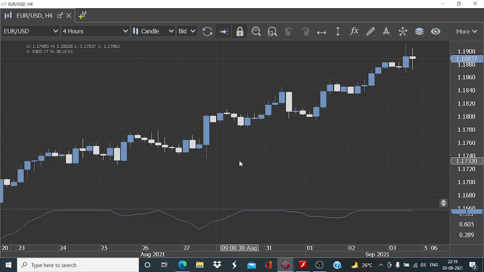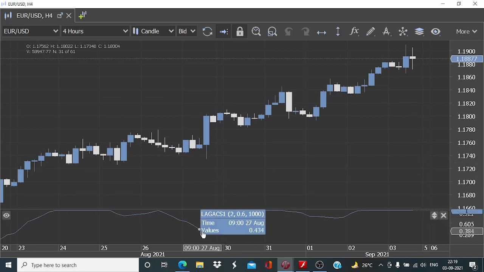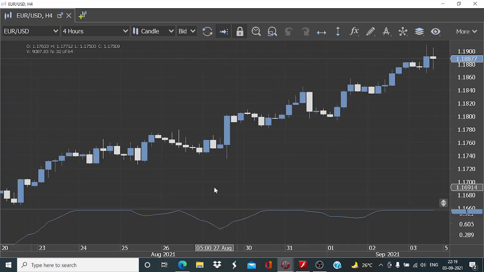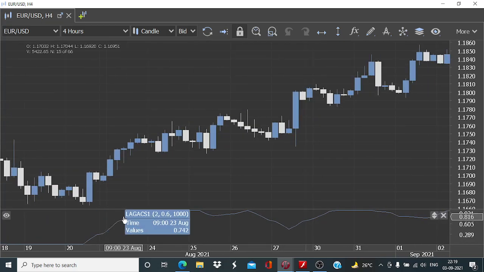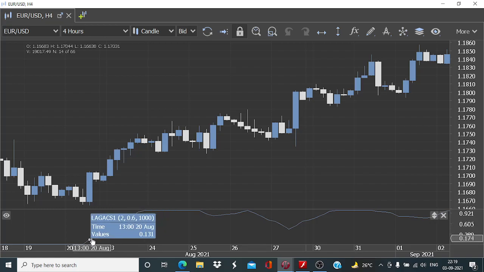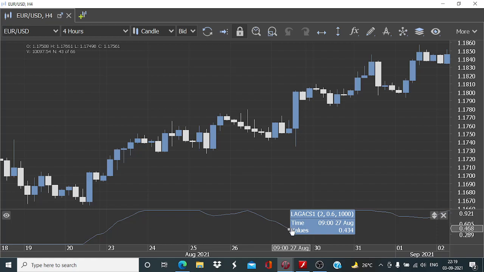For that, we are using the classical interpretation of the Laguerre ACS. We will consider its value below 0.5 as indicative of the bearishness in the underlying instrument. So, if you observe this chart, you will see that for almost more than a week now, starting onwards of 20th August, we have this value consistently above 0.5. Only here we have this dip which reverses very swiftly.